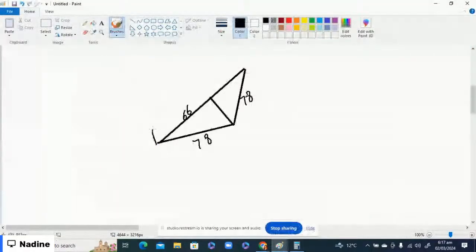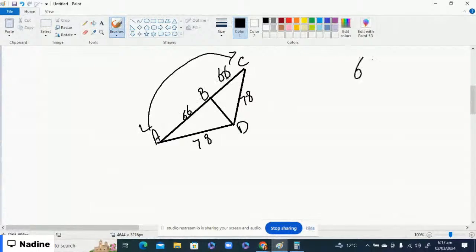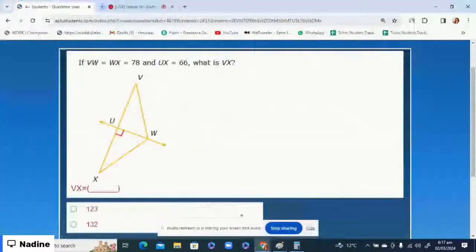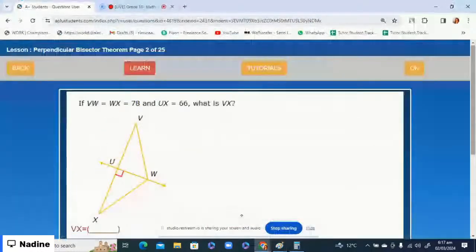This is point A, that is B, which is C, and that is D. They are saying find out the total length of AC. It means that if this half is 66, this half is also 66. So 66 plus 66, what is the answer? 6 plus 6 is 12. You put 2, 1 goes up. 6 plus 6 is 12 plus 1, 13. 132. So this is your answer, 132.